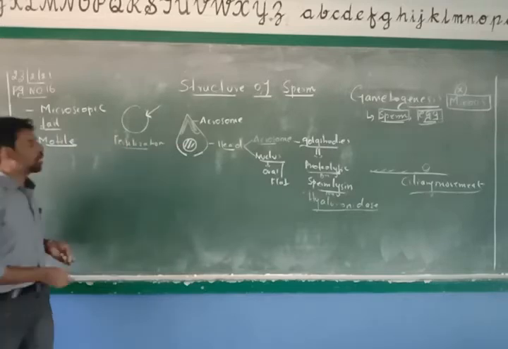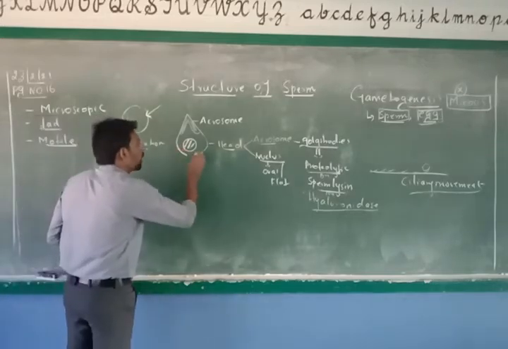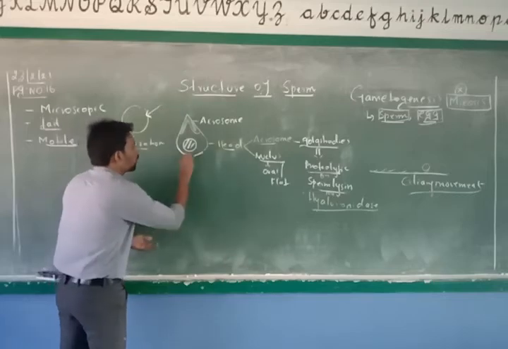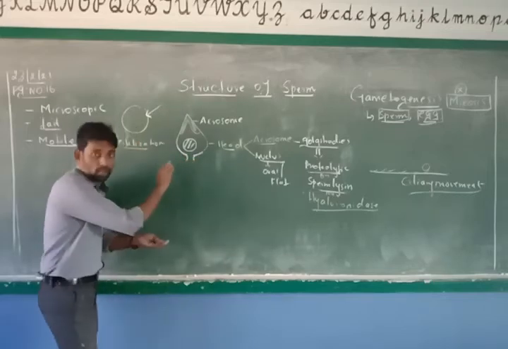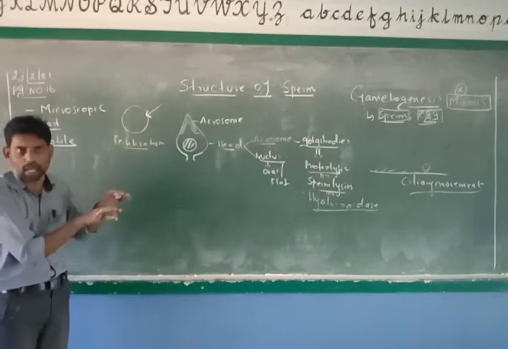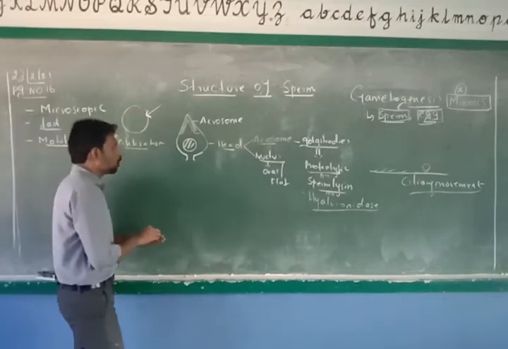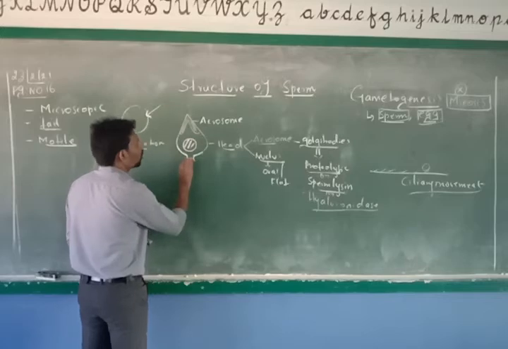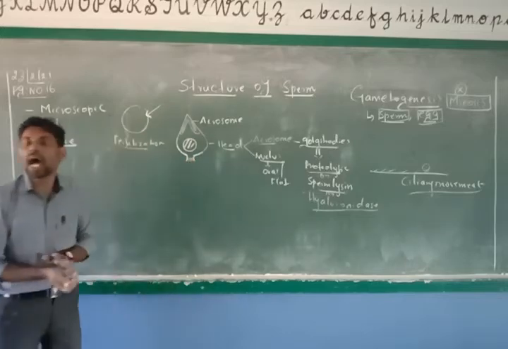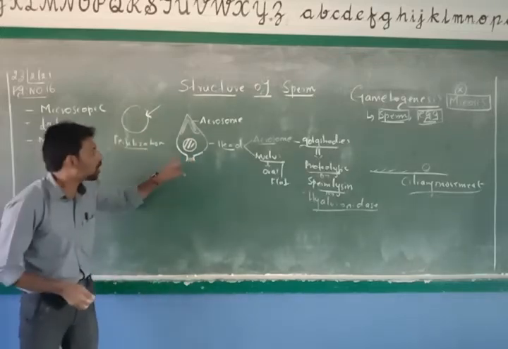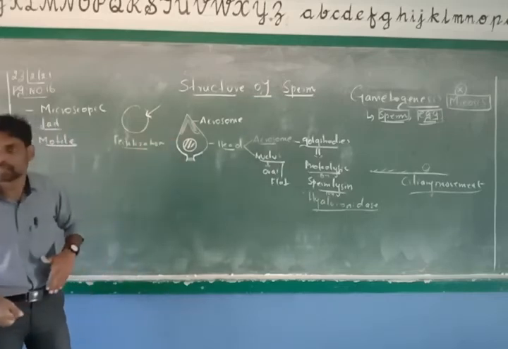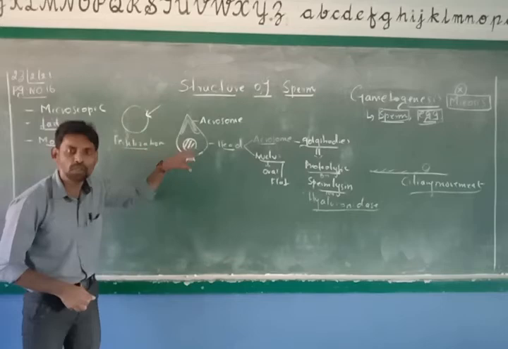Understand, right? So now this short neck will have, I just draw like this for you to understand, but that neck cannot be visualized. Here you will find centrioles like this. Centrioles are very much important to identify. If the centriole is located, you can easily identify the front part will be the nucleus.